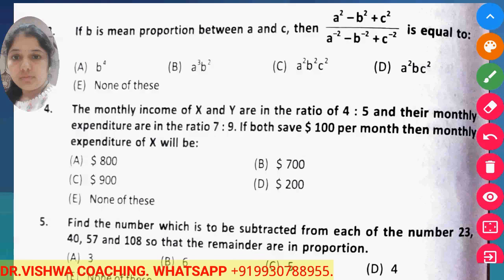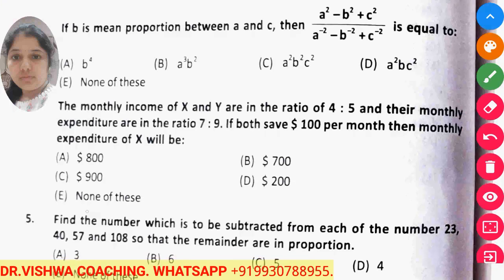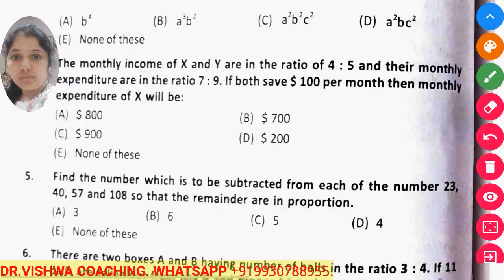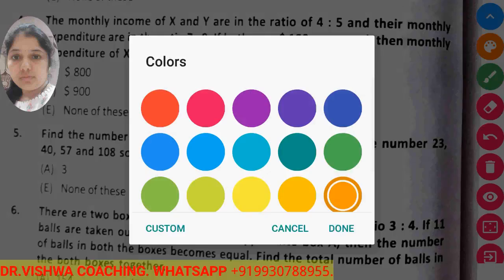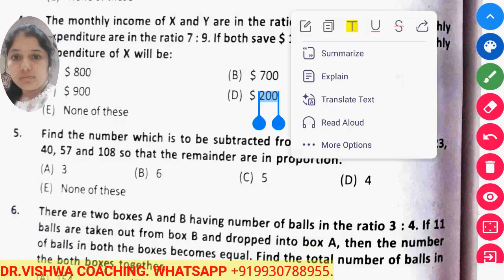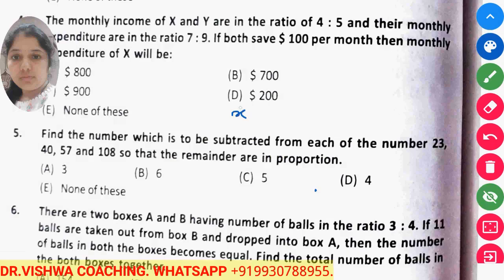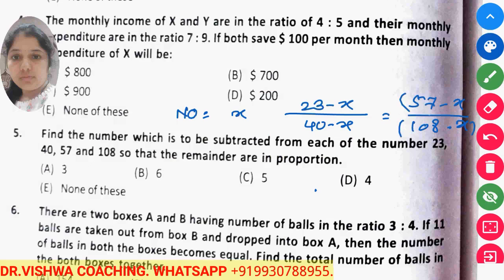Now we have to find a number which is to be subtracted from each number so that the remainder are in the proportion. Now see, we assume that number as X. If the number is X, subtract it from all the number, and condition is given that the numbers are in proportion, so I had written them in proportion.